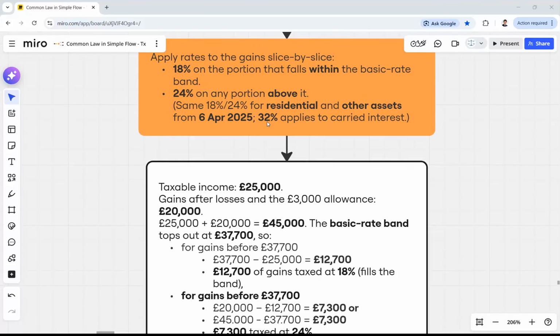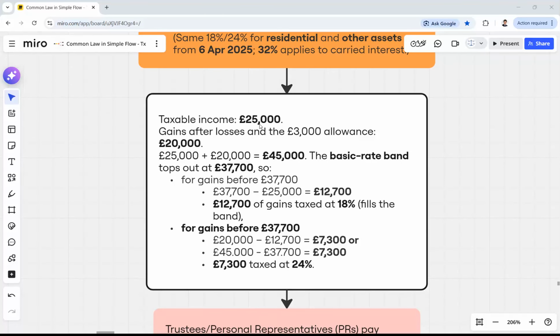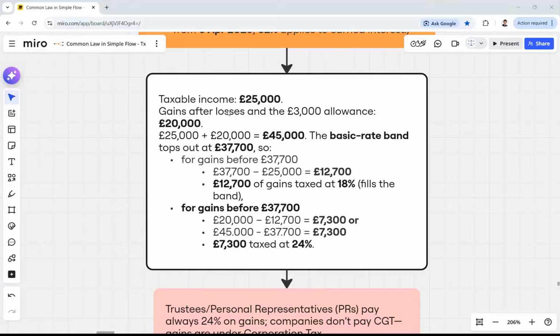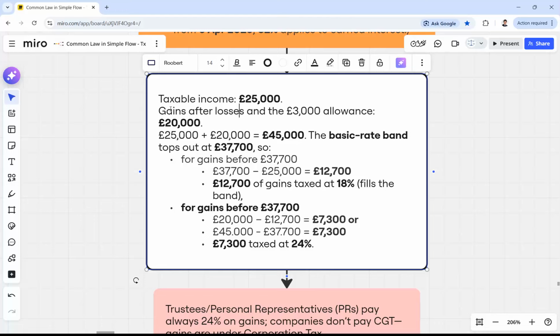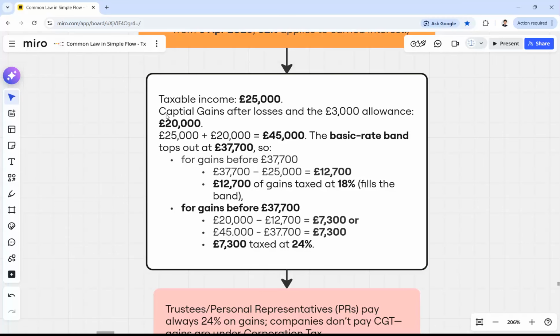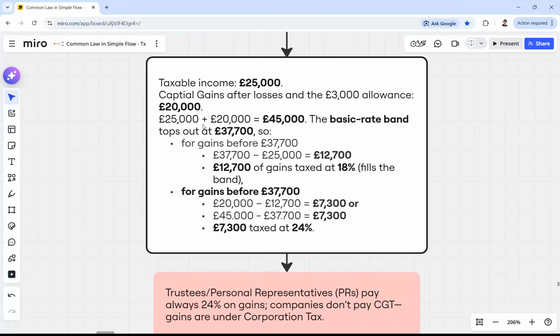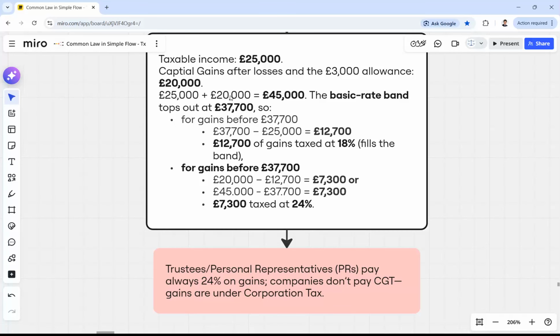Now taxable income. Let's calculate some. You have 25,000 income, your personal income. That has nothing to do with capital gain. Capital gains after losses and the allowance. Let's say the 3,000 allowance is applied, and you have 20,000 capital gain. 25,000 plus 20,000 will be 45,000.